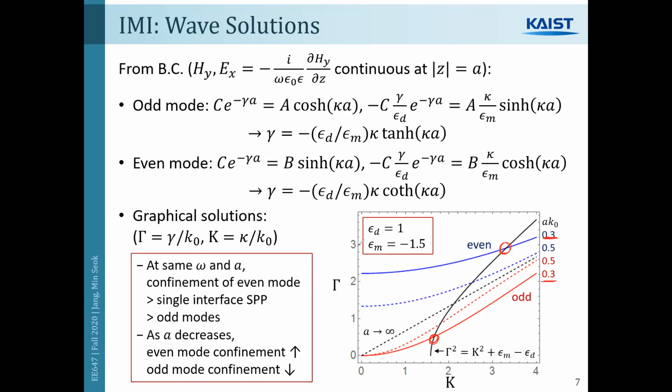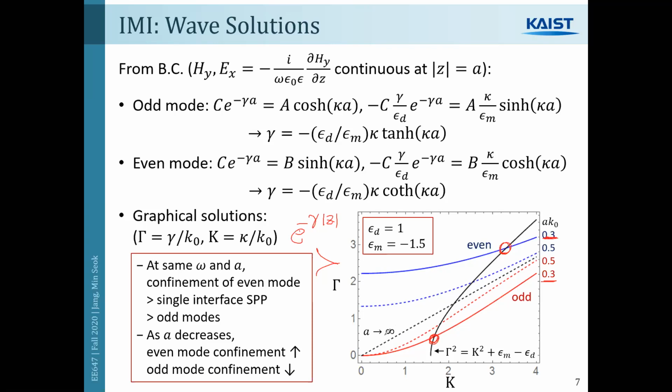Large gamma and kappa means it's more tightly confined, right? Remember, gamma and kappa are used for e to the i gamma z here. So when gamma is large, that means it's tightly confined to the interface. So the even mode is more tightly confined, and the odd mode is less tightly confined. That's one big difference.